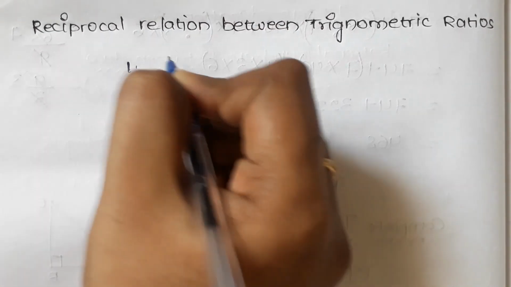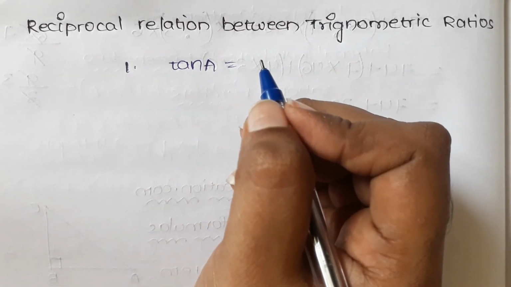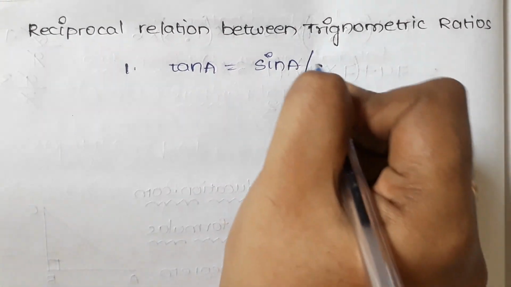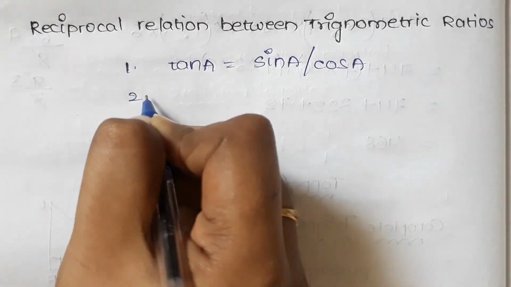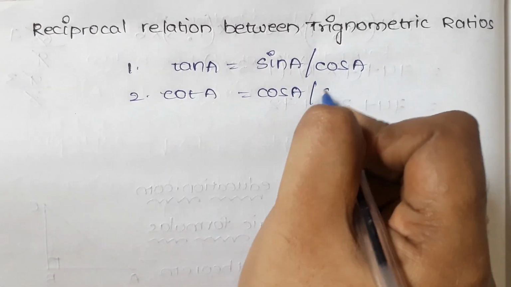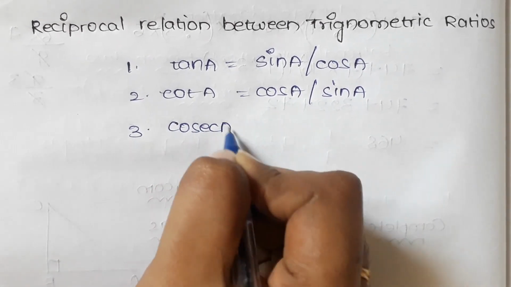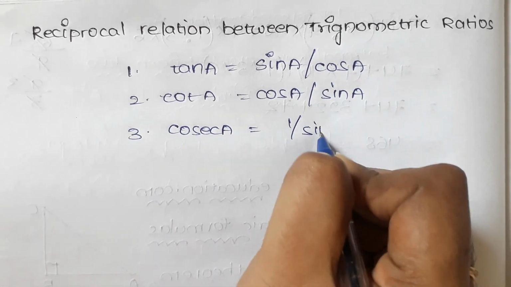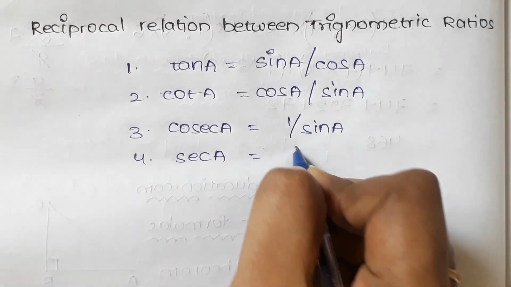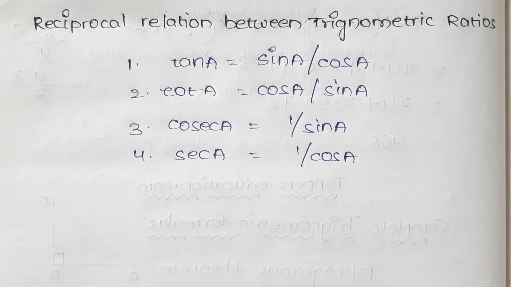From the six trigonometric ratios, the first one is tan A, which is sin A by cos A. The next one is cot A, which is cos A by sin A. The third one, cosecant A, is 1 by sin A. And the last one is secant A, which is 1 by cos A. These are the reciprocal relations of trigonometric ratios.